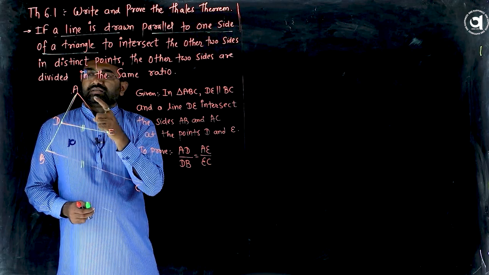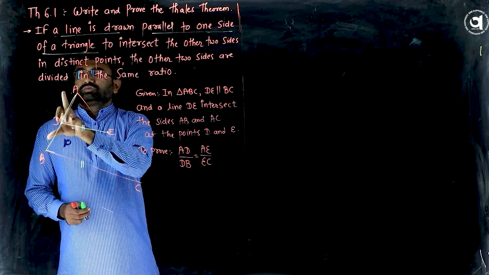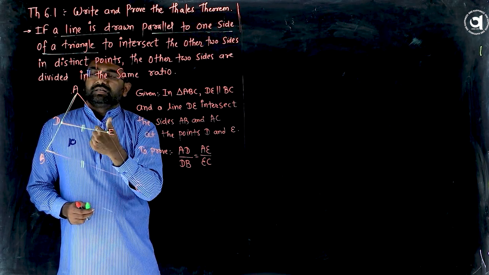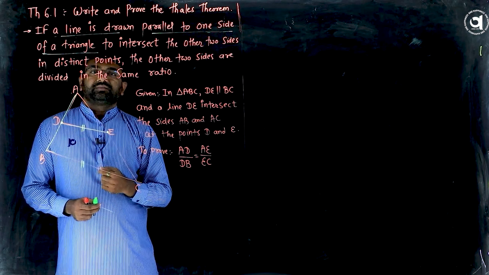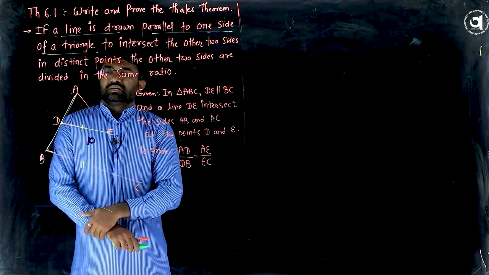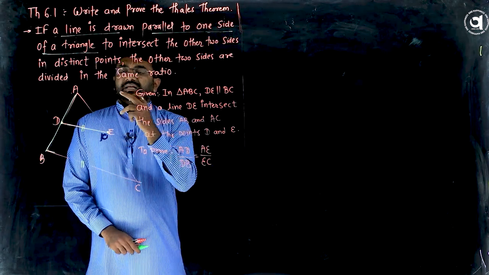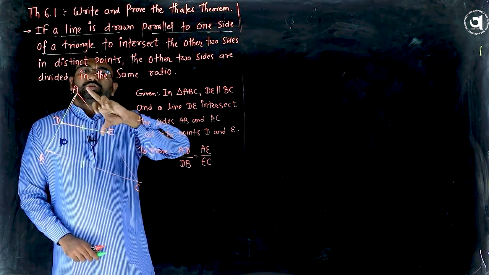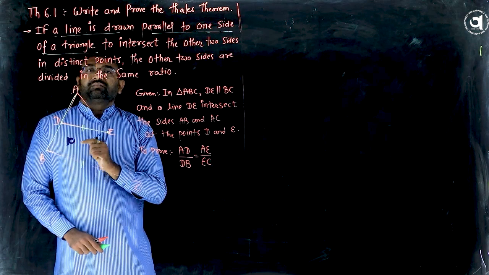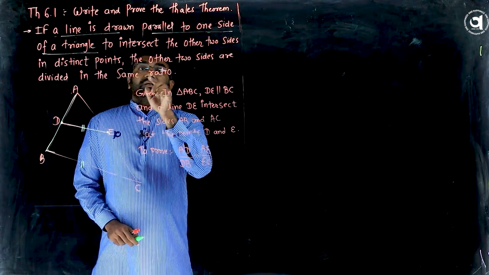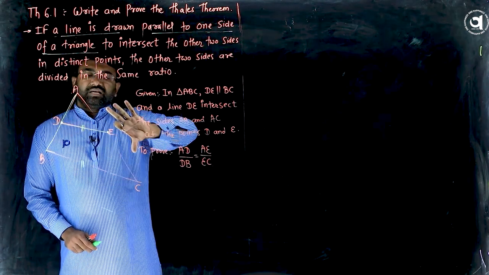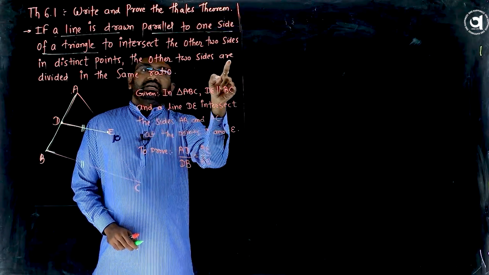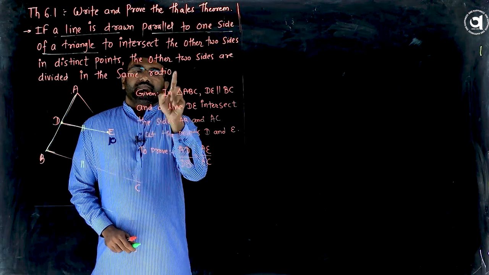These distinct points are D and E. If this condition is given in any triangle, a line parallel to one side of a triangle and that line intersects the other two sides in distinct points, then we can say this line divides the two sides AB and AC in the same ratio. That is our statement. The other two sides are divided in the same ratio.